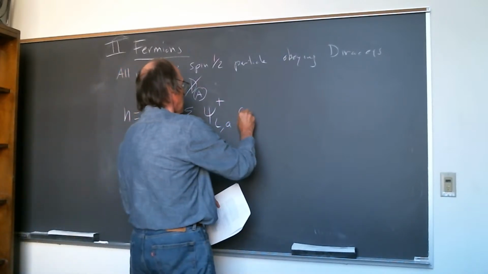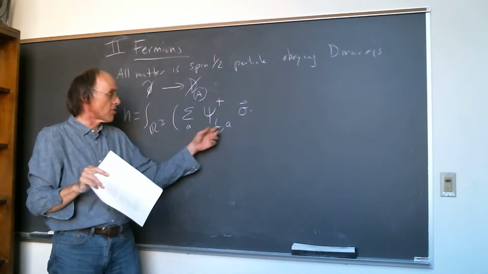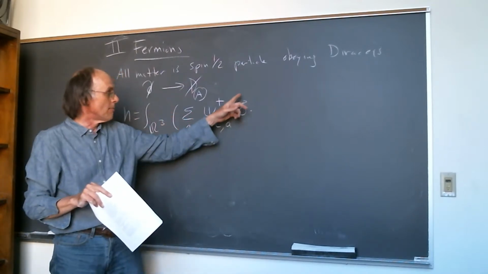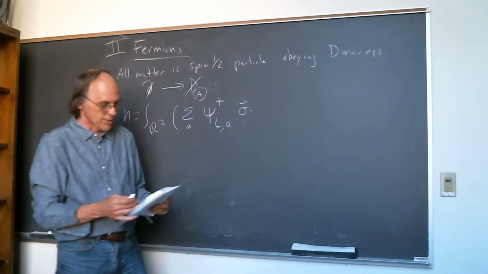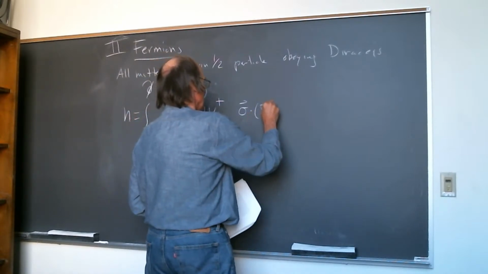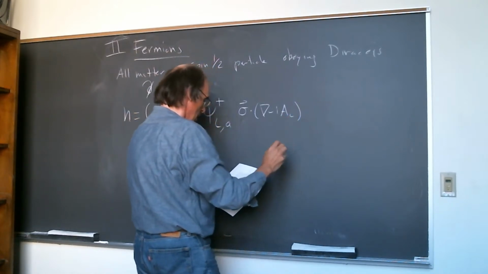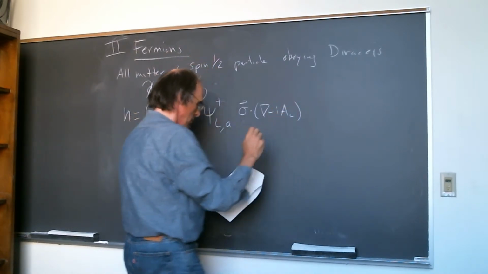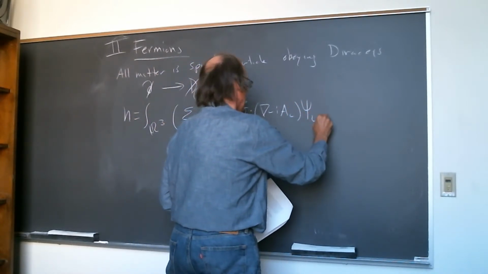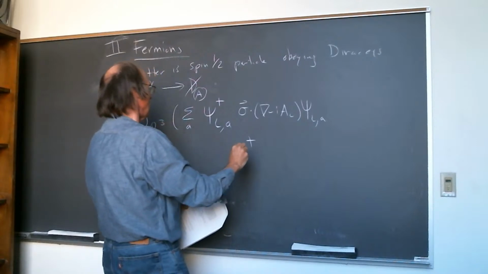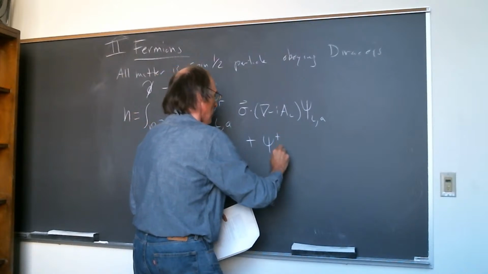Since I'm writing things in terms of left-handed and right-handed spinors, instead of gamma matrices I can write everything in terms of sigma matrices, and there's a sigma dot minus i A_L and a psi_LA, and then a similar thing for the right-handed ones.